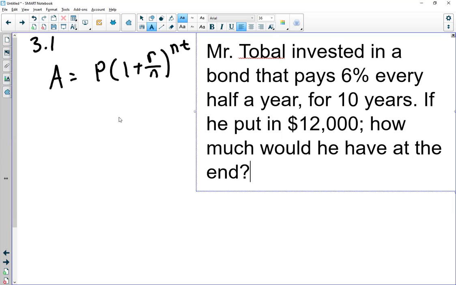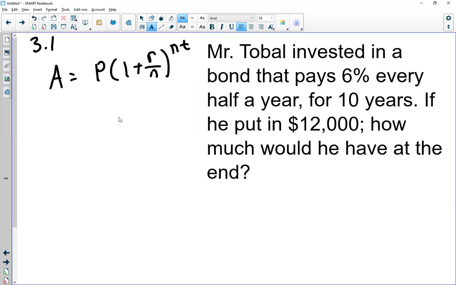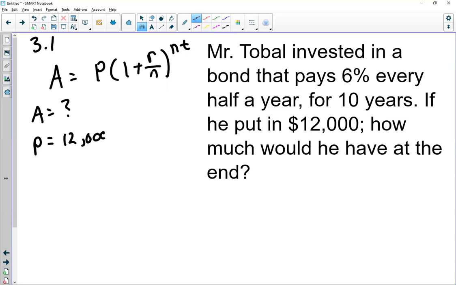Okay. Yes, you did. So you don't have to write every word of that word problem. Let's just take the important information from it. So the amount, A, is the end amount. We don't know what that is, so I'll put a question mark. The principal is what I'm starting with, AKA what I put in the bank. In this case, I put in 12,000, so I'm gonna put 12,000. The R is the rate.